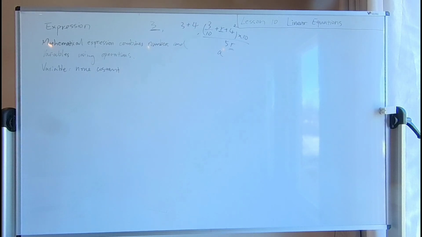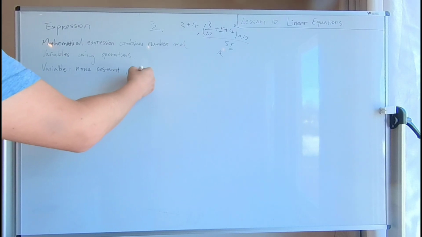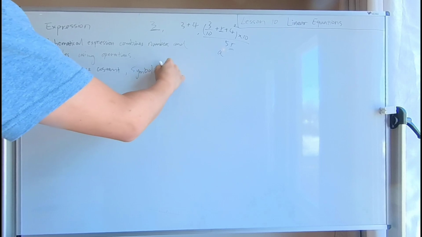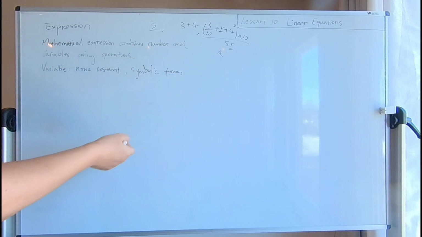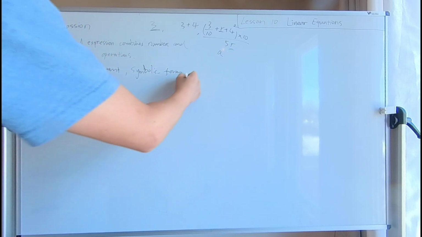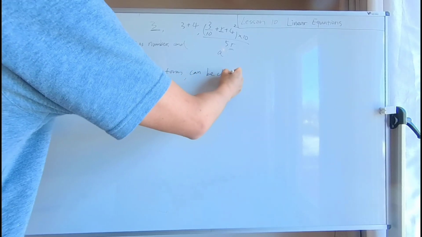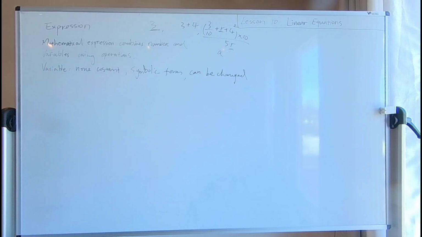That's why we call it variable. It's usually in symbolic form, and you can use whatever notation: X, Y, A, B. That's the most important thing: because it's not a constant, it keeps varying, so it's a variable.